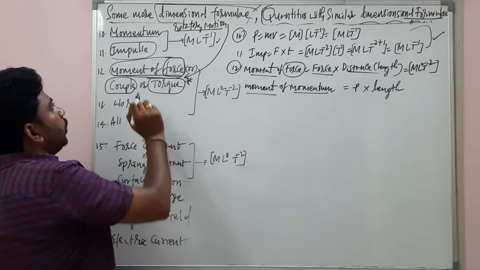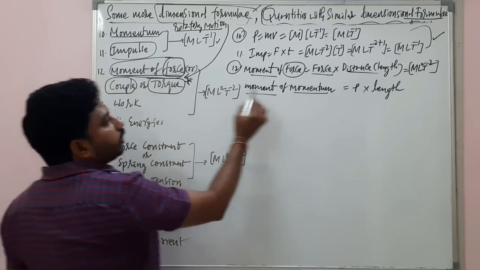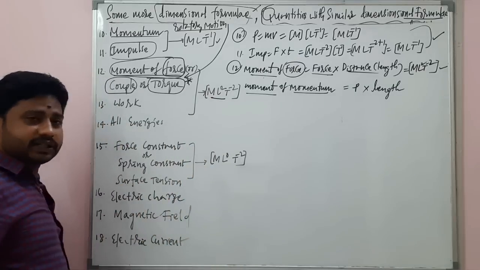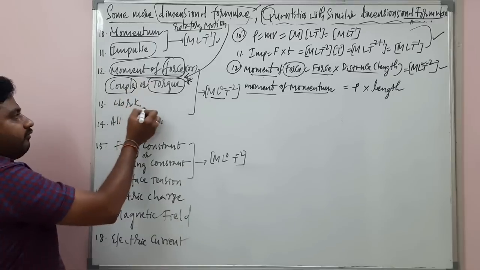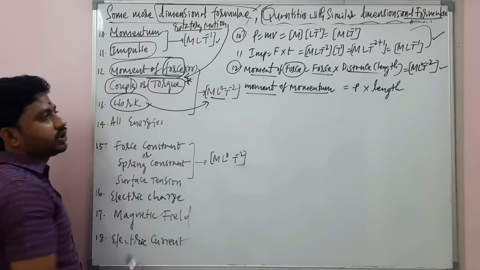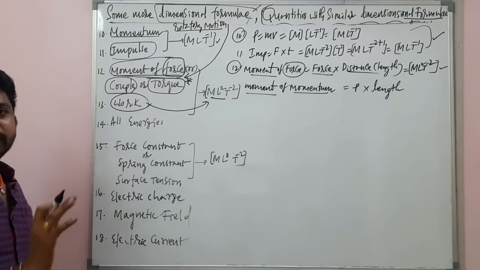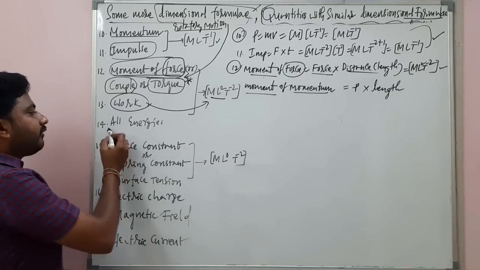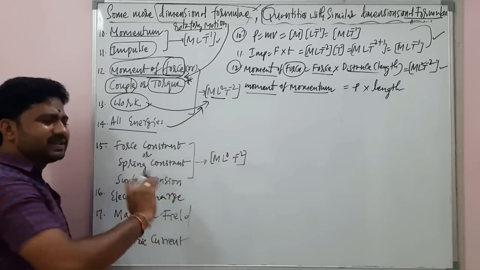So till now you have the dimensional formula of this, ML square T minus 2. Here also it is written. And work, you know, the work dimensional formula is also the same, ML square T minus 2. So many times we have written it so far. And you have all the energies.